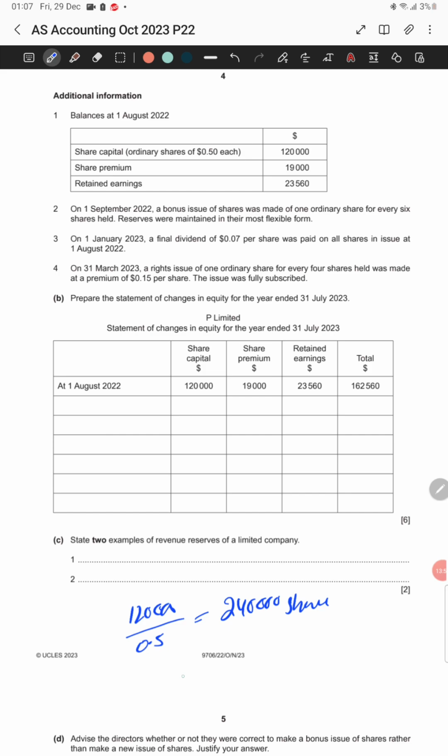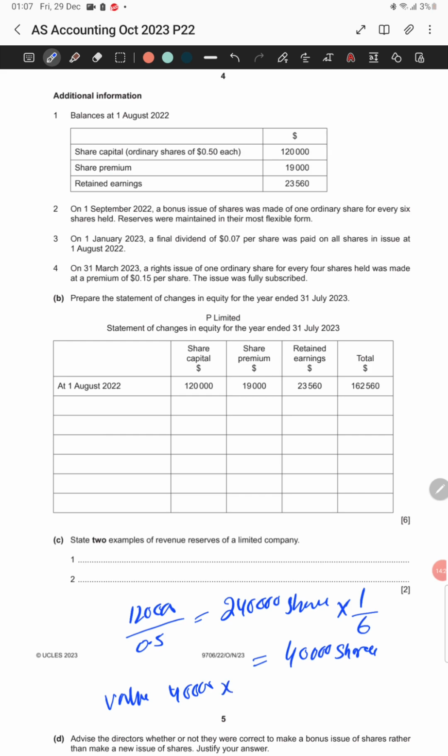Now they are issuing, multiplied by 1 share for 4, 40,000 shares.